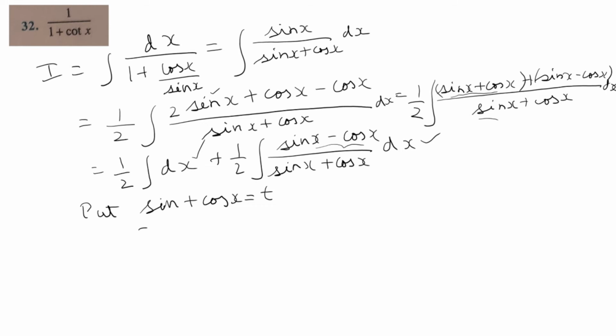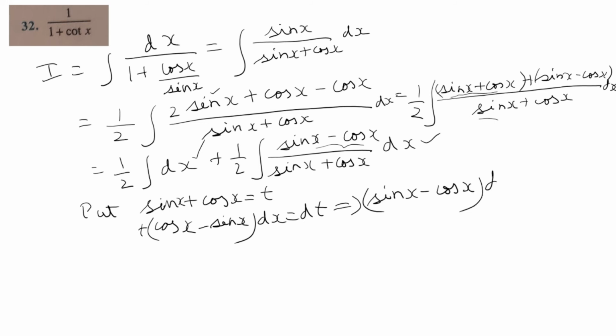So if we differentiate we get cos x minus sin x into dx is equal to dt, or sin x minus cos x into dx is minus dt. I hope this is clear.